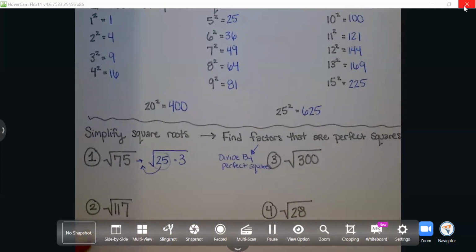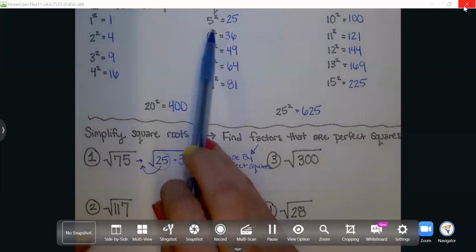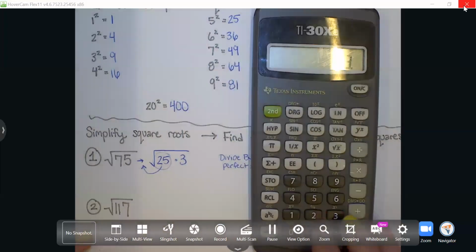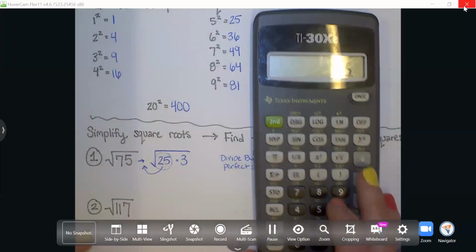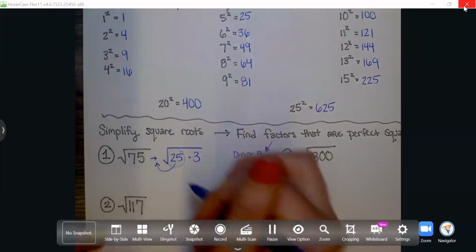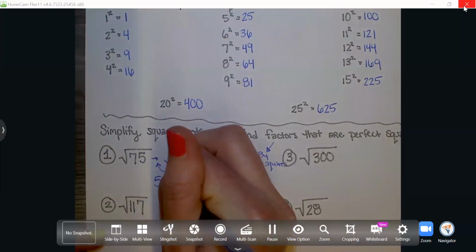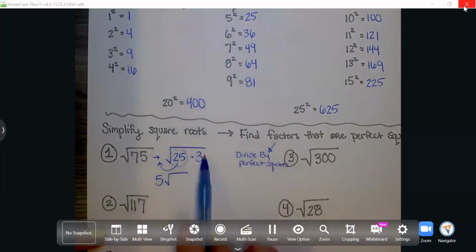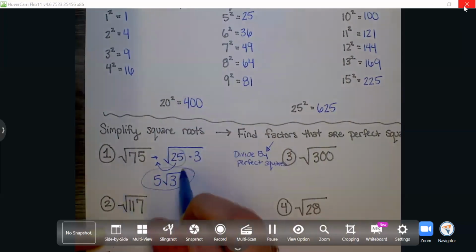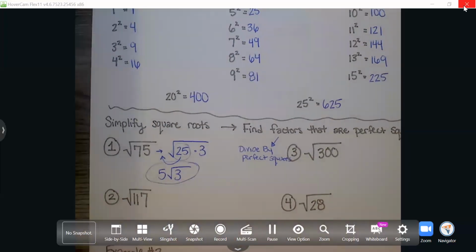What is the square root of 25? It's 5. You could type that in your calculator if you needed to. The square root of 25 is 5. And so when I take this out of that square root symbol, I get a 5 on the outside of my square root symbol. 3 is not a perfect square, so it is staying stuck inside my square root symbol, and that is my answer.